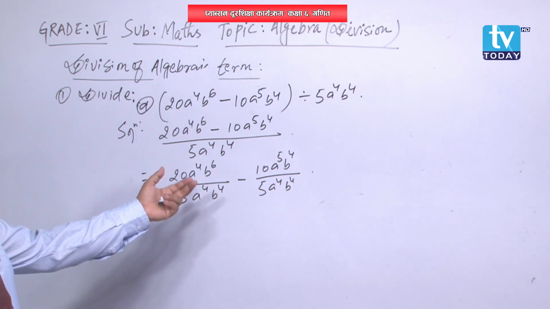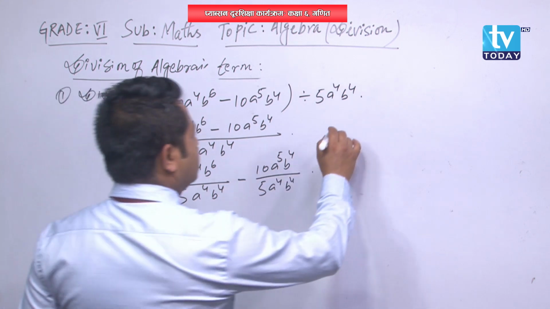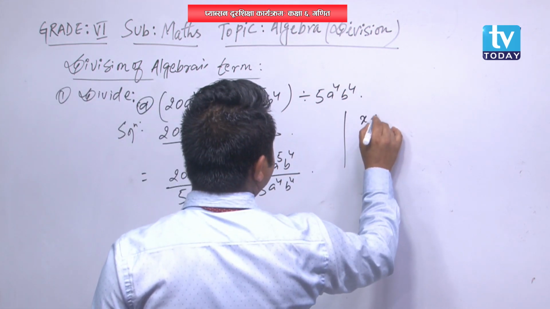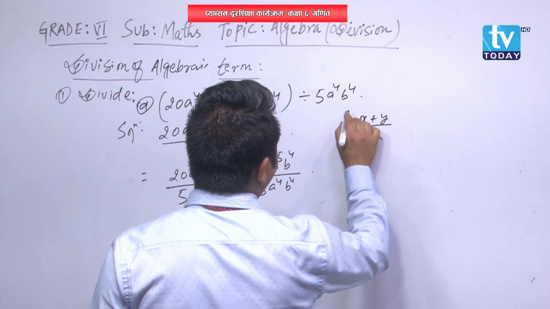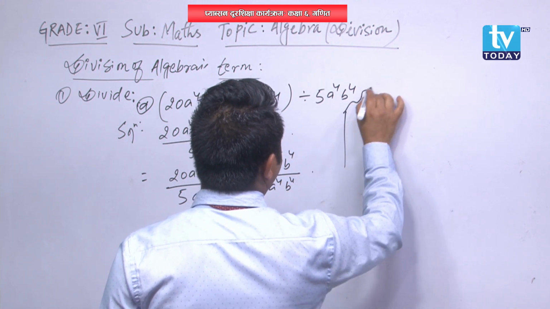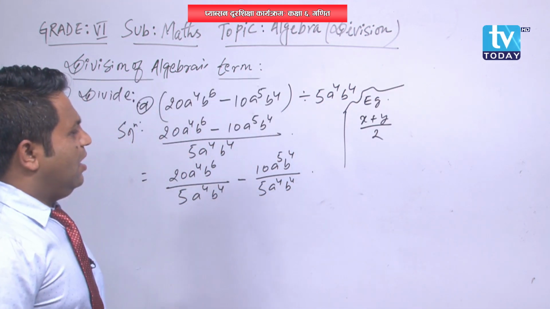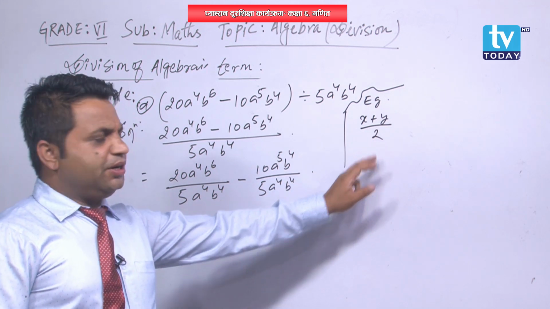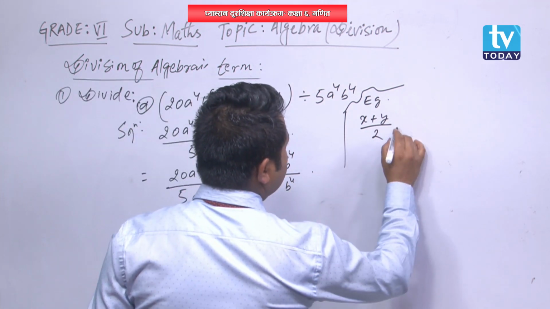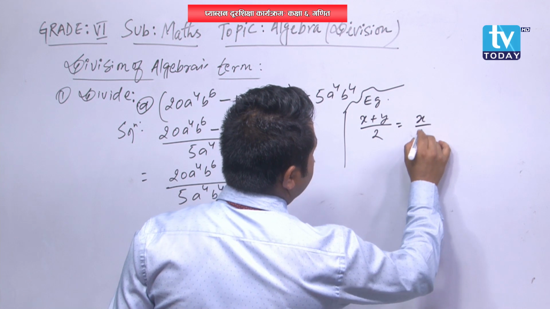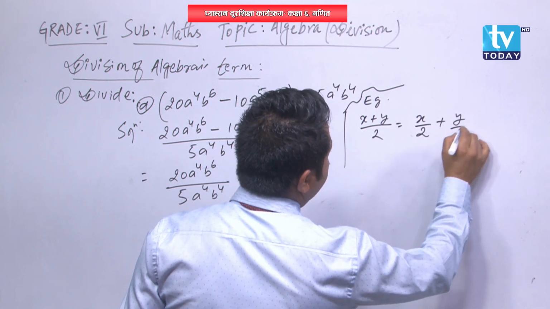Like you can separate this. Suppose x plus y divided by 2. I am writing one example. If there is one number at the denominator, then you can write this as x upon 2 plus y upon 2.